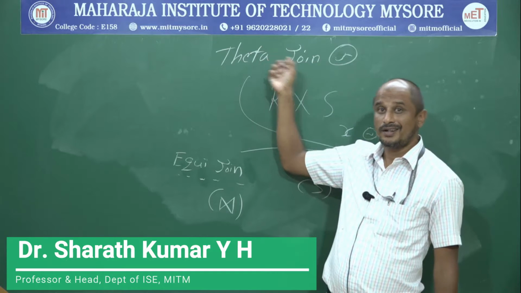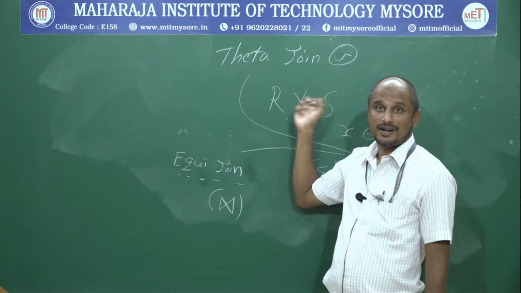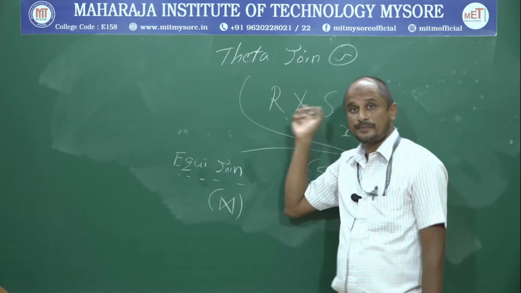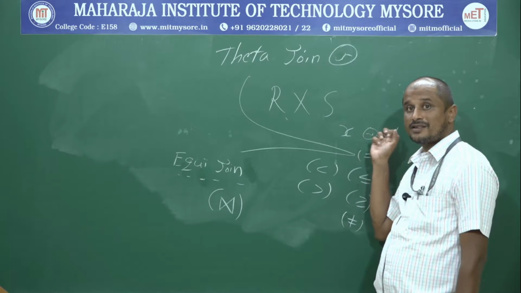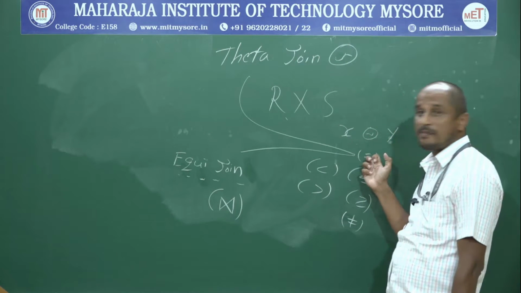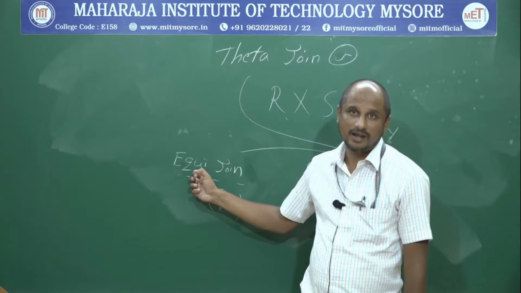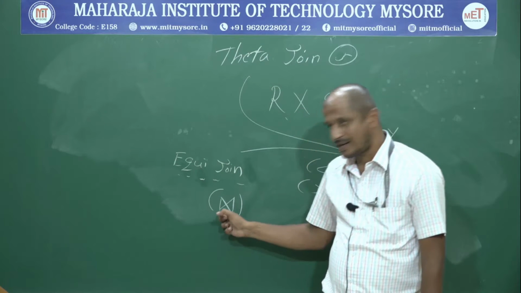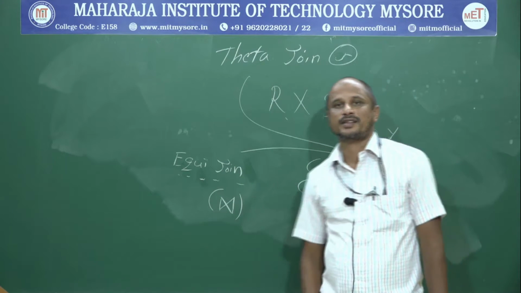When the theta join between the R and S relations, with attributes X and Y, has theta equal between the attributes X and Y, that is called equijoin, represented like this.